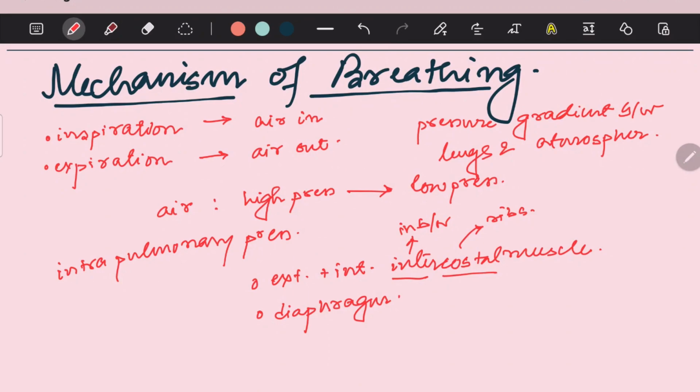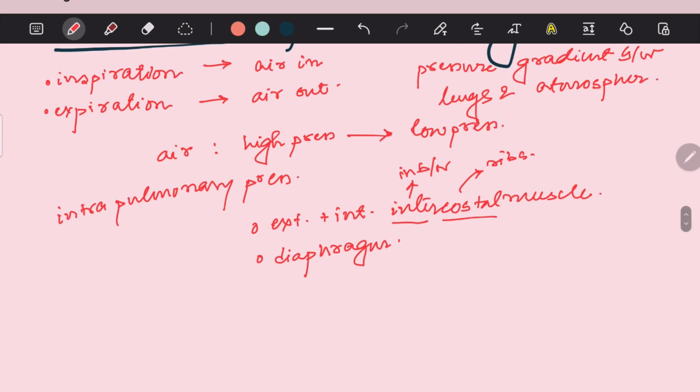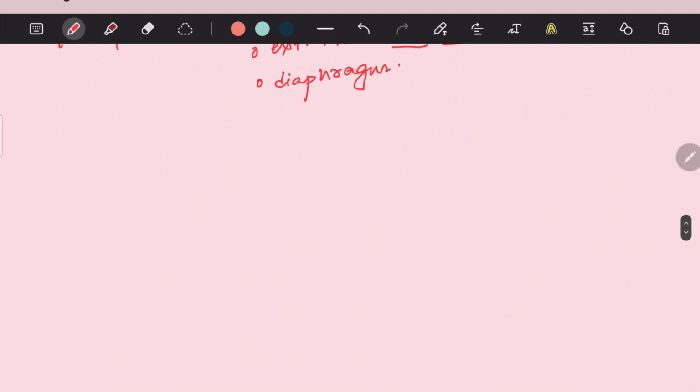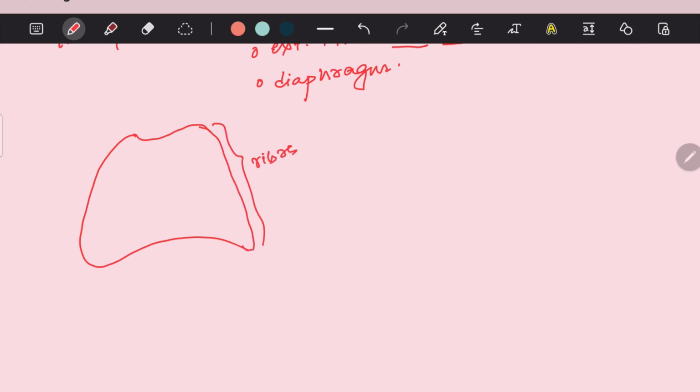Inspiration is initiated by the contraction of the diaphragm, which increases the volume of the thoracic chamber in the anteroposterior axis. Hope I can make myself clear. I'll just draw a rough diagram of the thoracic cavity. If this is the thoracic cavity, here are present the ribs, and this is the diaphragm.